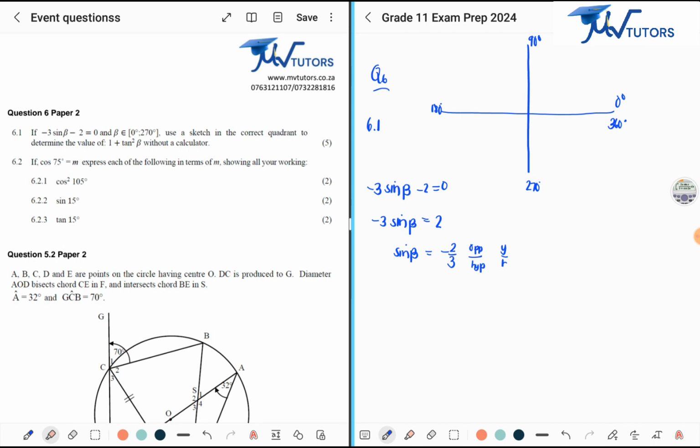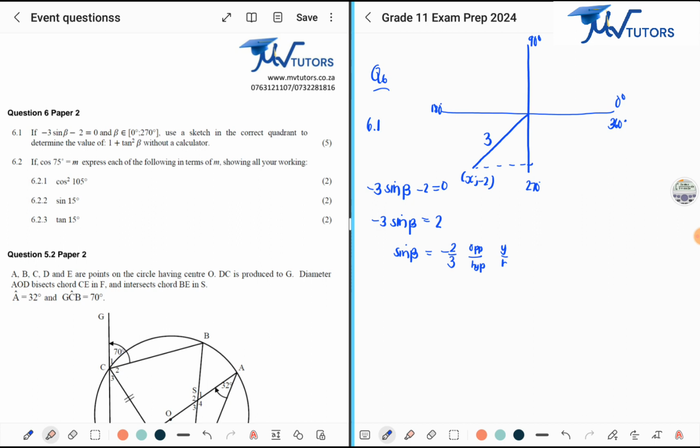So our y value is negative 2. So where is y negative? It's negative in this region here. Okay, so basically the negative 2 will be somewhere there. So if we were to put now a line, it would have an x coordinate and a y of negative 2. And then the r would be 3.